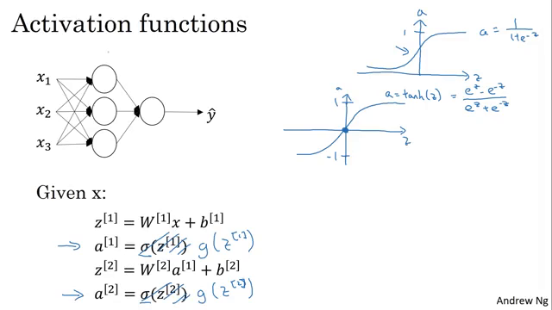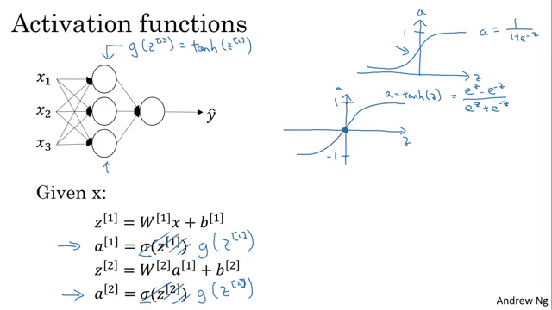And it turns out that for hidden units, if you let the function g of z be equal to tanh of z, this almost always works better than the sigmoid function, because with values between +1 and -1, the mean of the activations that come out of your hidden layer are closer to having a 0 mean.